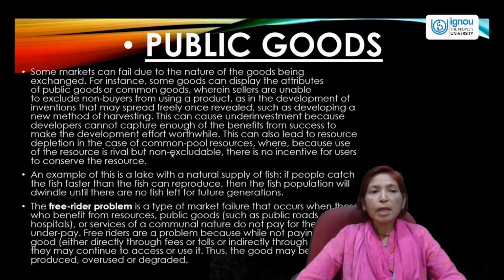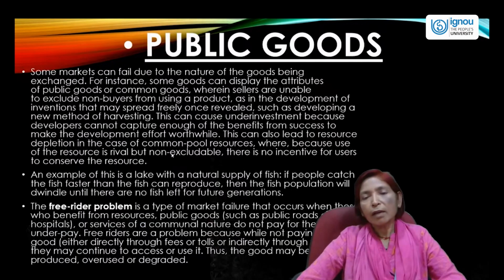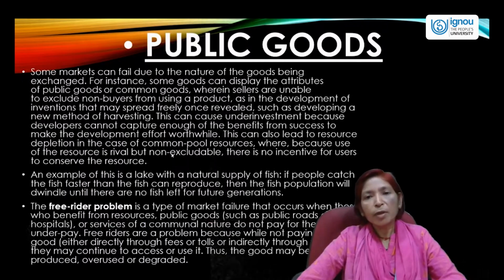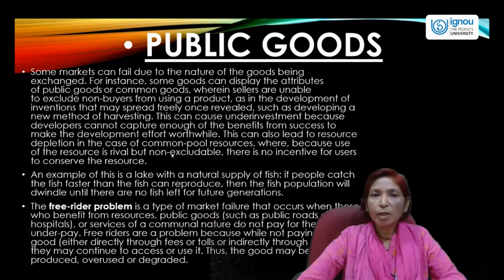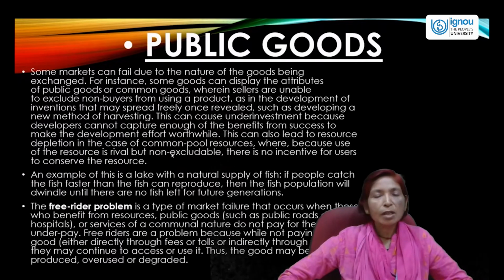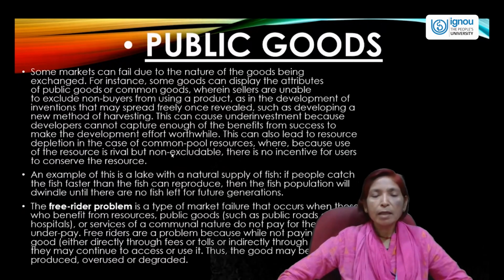Next is public goods, and how markets become failures in this case. Some markets can fail due to the nature of the goods being exchanged. For example, some goods can display the attributes of public goods or common goods, which are commonly used by all, wherein sellers are unable to exclude non-buyers from using a product.